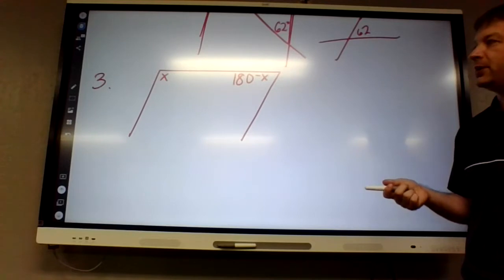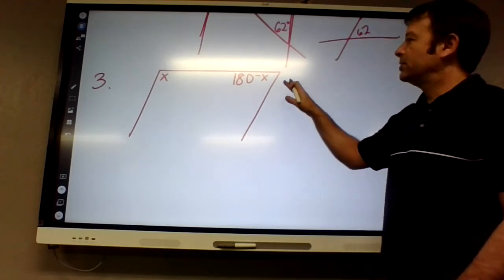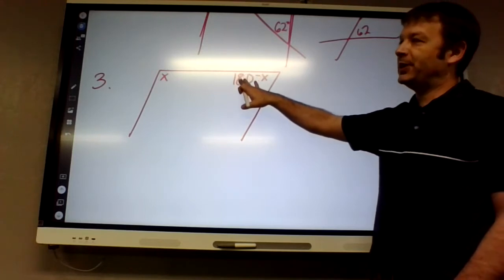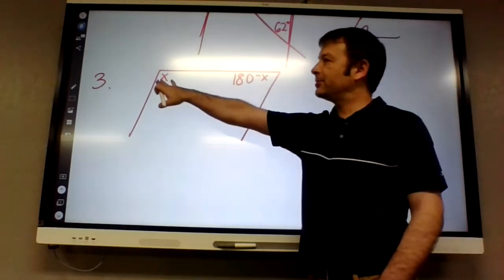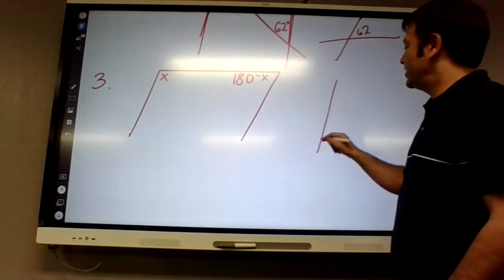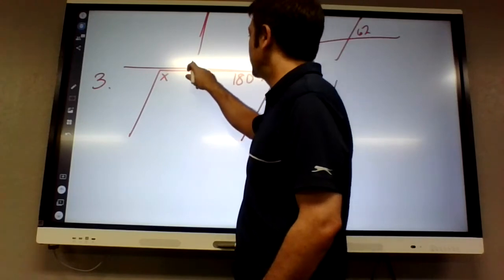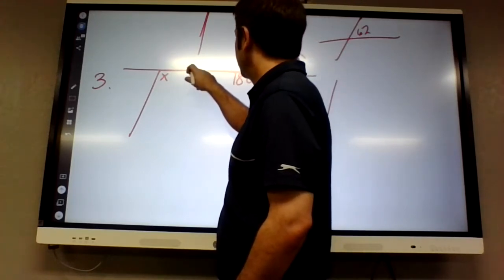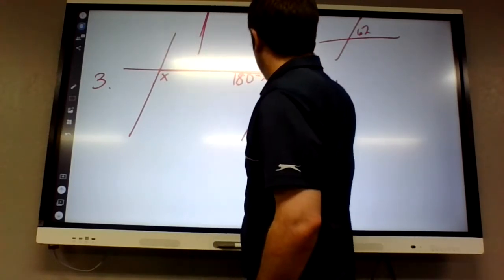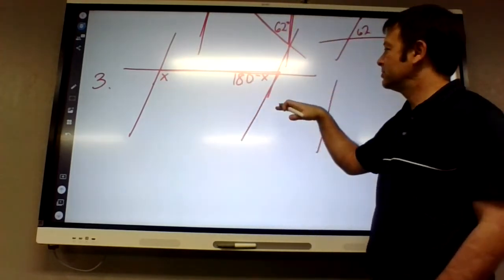Together, what would they add up to? 180. Remember how we found the supplement of an angle: we did 180 minus the other angle to get the supplement? Okay, if I extended the lines on these, what kind of angles are those? Supplement.